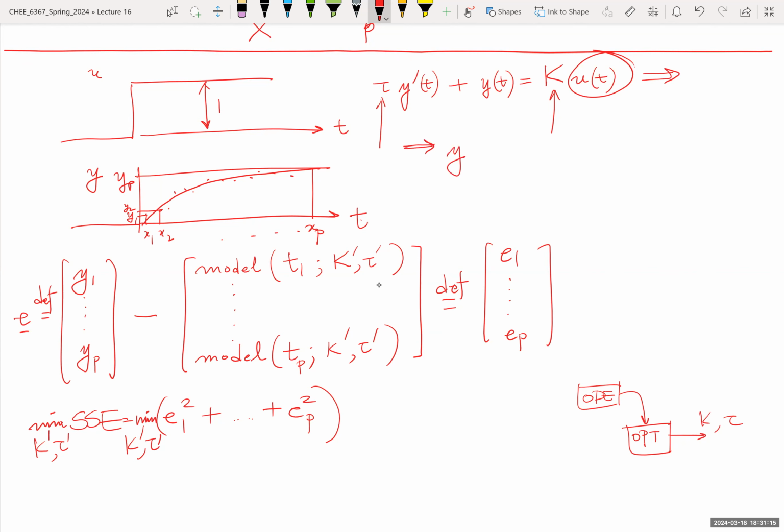When you start from a steady state, as I'm indicating here, keeping things simple. So y at t is equal to, anybody remember what this function is? It's an exponential, right? So it's k times 1 minus e to the minus t over tau.